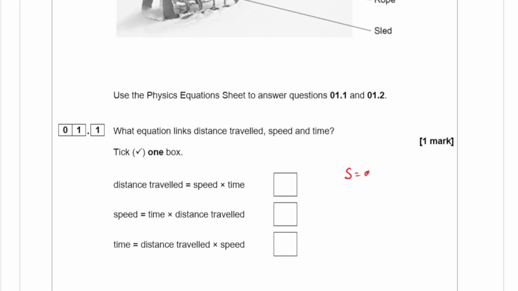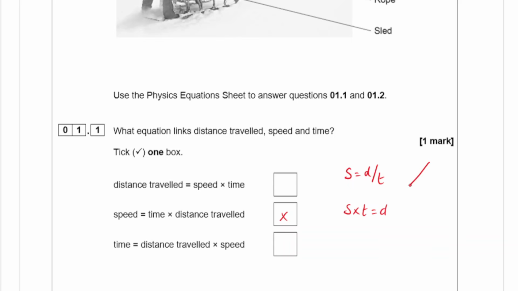Speed equals distance divided by the time. Now you look at this option, speed equals distance time multiplied by distance traveled. That is incorrect, which means you will have to rearrange to find the right answer. Let's try the first one. If we rearrange this, speed multiplied by the time is equal to the distance. That's correct.